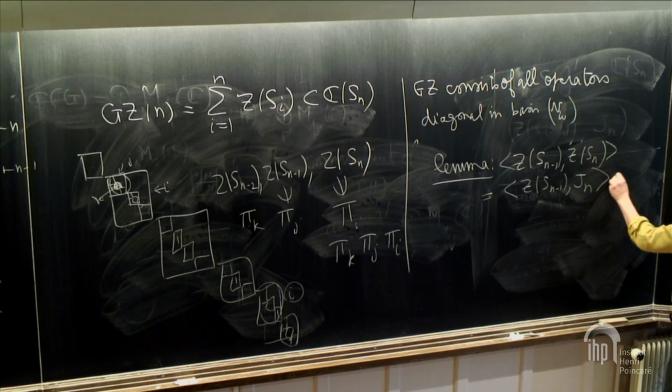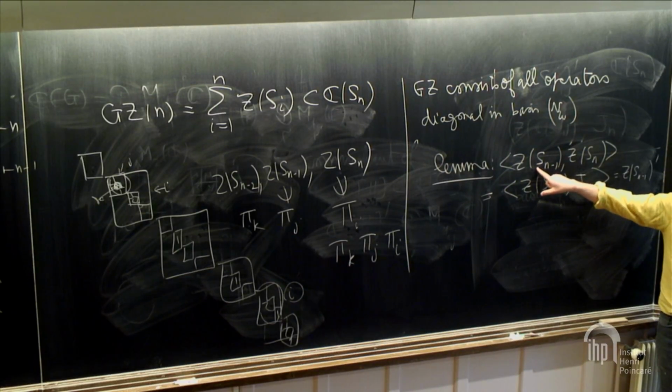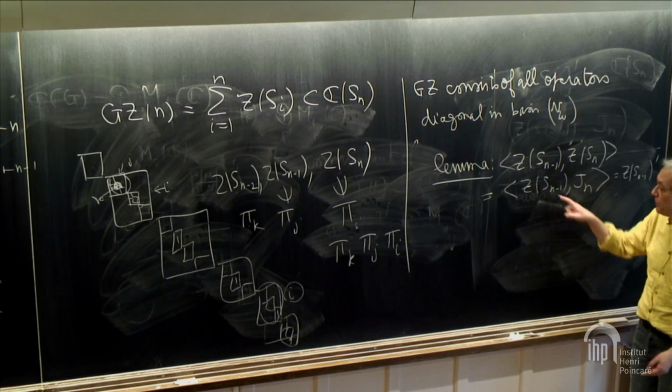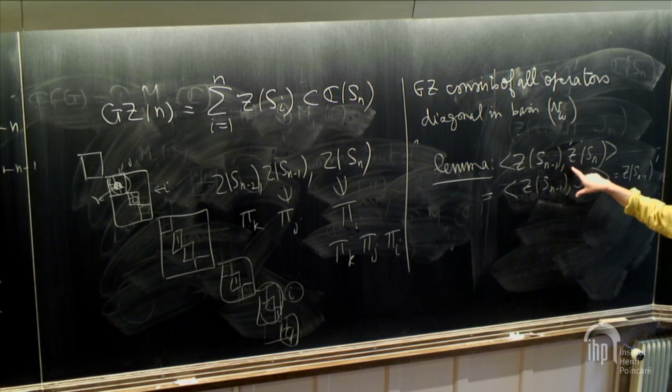In particular, it is equal to the commutant of Sn minus 1. So why is it true? Because certainly the elements here commute with Sn minus 1. So there is certainly an inclusion. But on the other hand, these elements belong to this algebra, so I just need to prove that Jn belongs to this algebra.